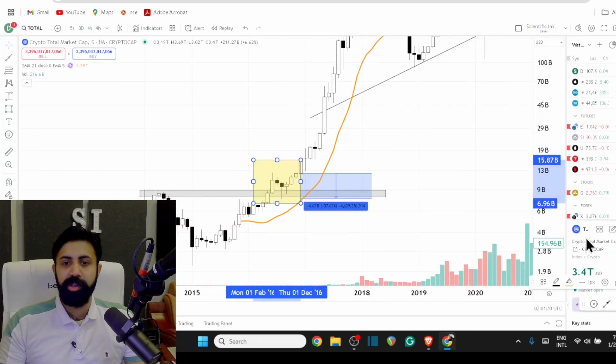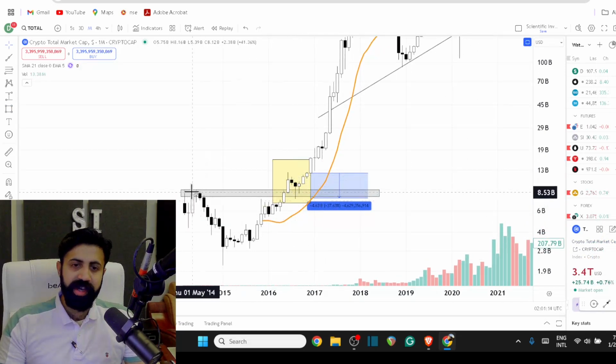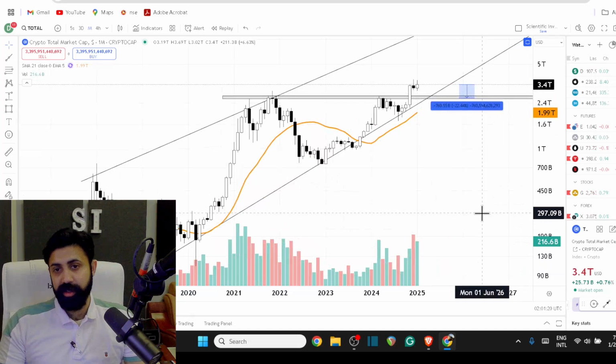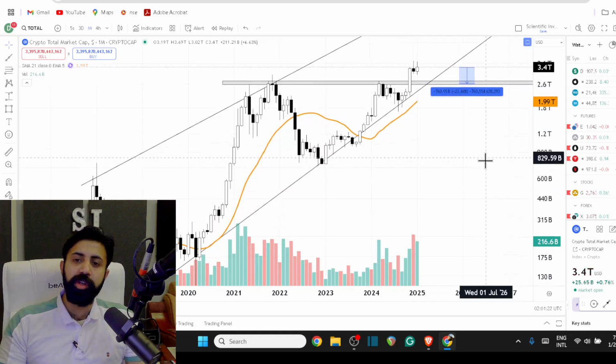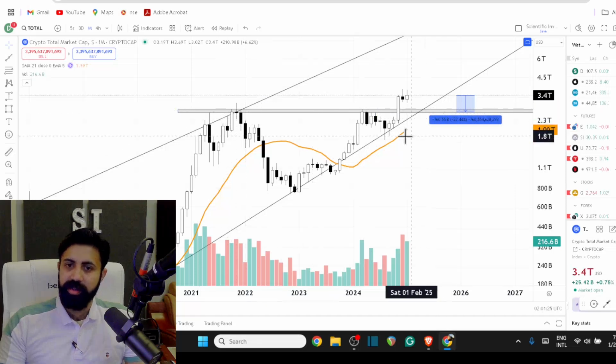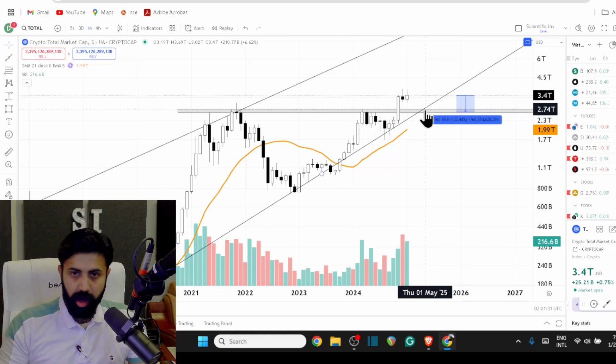Before the price action took off, there was a correction to retest this previous swing high, and that was a 40% drop in the price. Right now, even if we come back down to retest these swing highs, it's not that bad. It's like a 22% total crypto market drop.